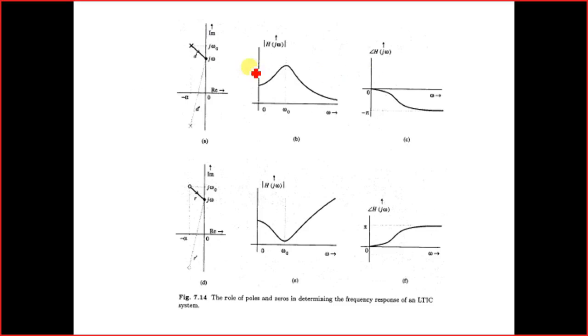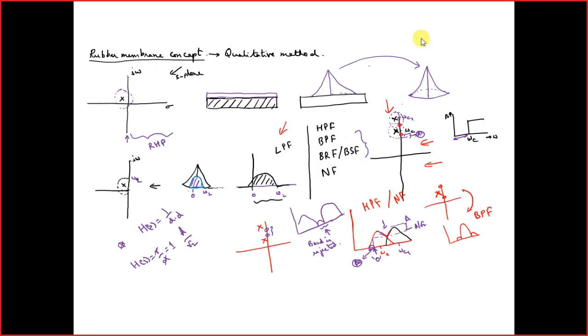Then we also discussed how the placement of the poles affects the amplitude response and the phase response. Consequently, we discussed the rubber membrane concept.